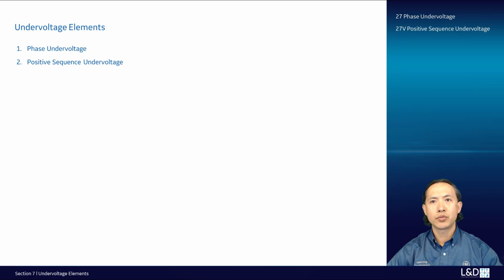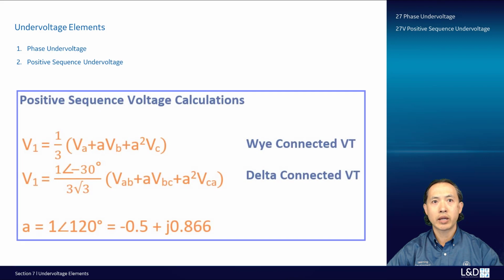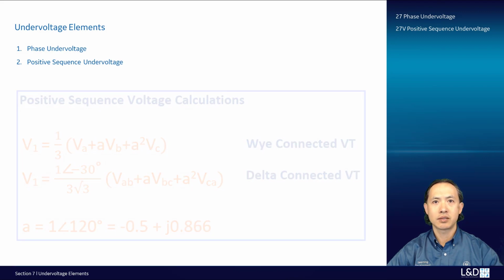There are two undervoltage elements which will be covered in this session: phase undervoltage and positive sequence undervoltage. The positive sequence undervoltage uses the Fortescue equation to calculate the positive sequence voltage at the input. So it's necessary to review how the positive sequence voltages are calculated for Y and delta connected VTs.